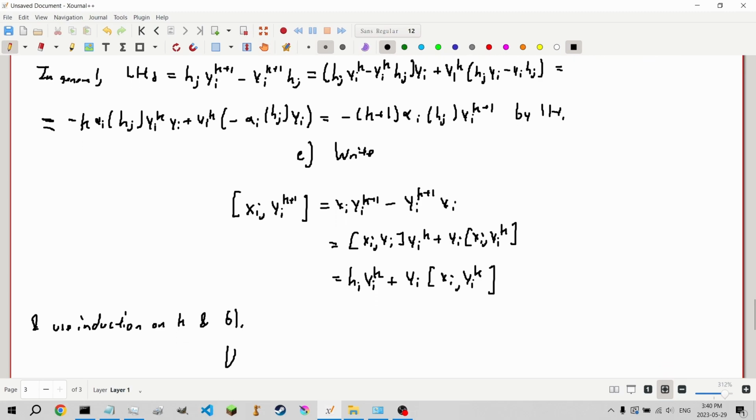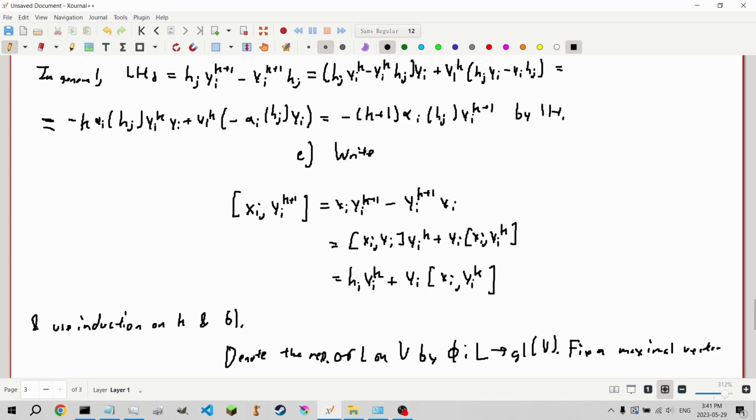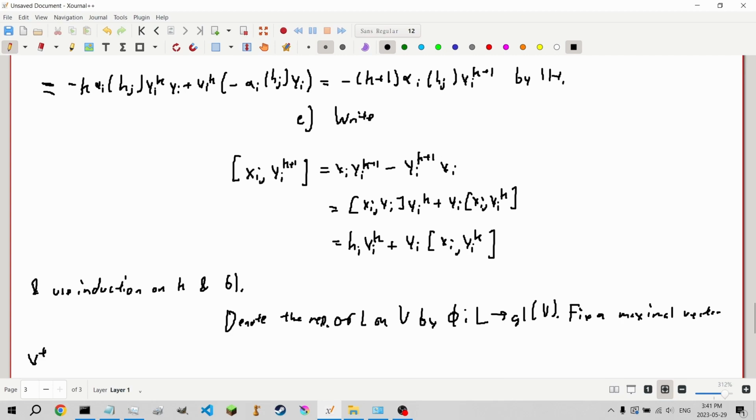Now we're going to denote the representation of L on V by phi, being a map from L to the general linear Lie algebra of V. Fix a maximal vector v plus of V of weight lambda, and then we're going to set mi to be lambda of hi, with mi non-negative integers by assumption.